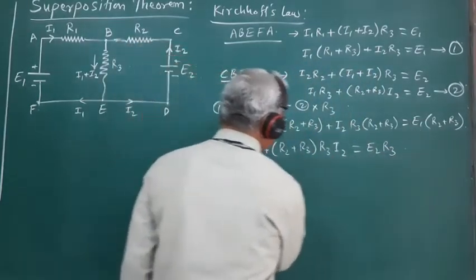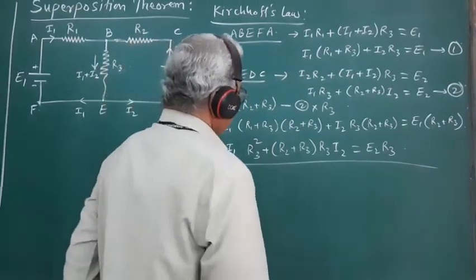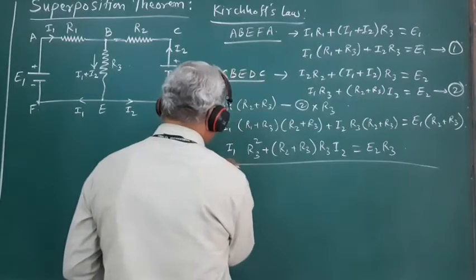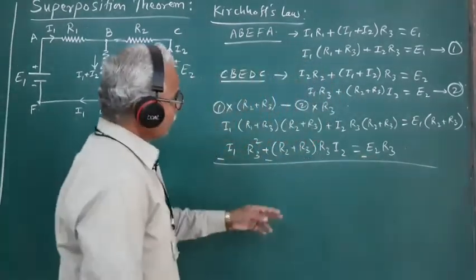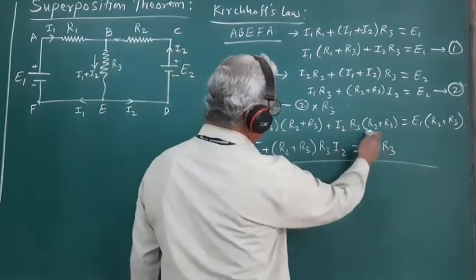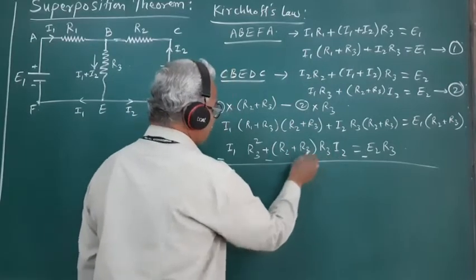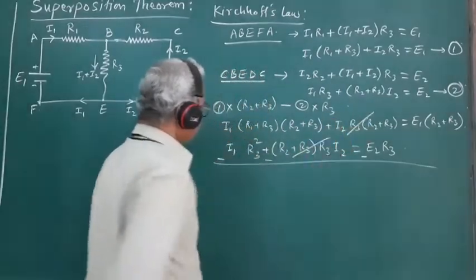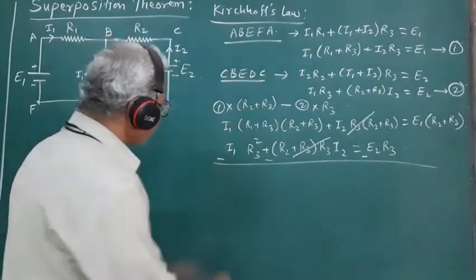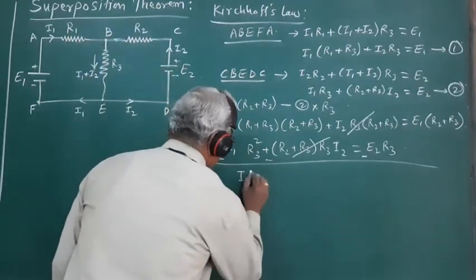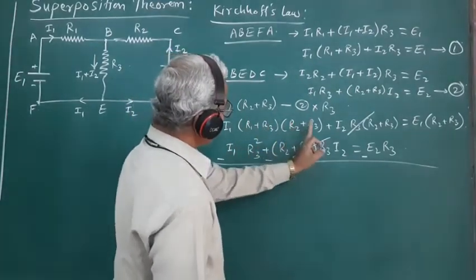And taking the subtraction of these two expressions, taking subtraction means we have to change the signs of all these terms. So this is plus I2 R3 (R2 plus R3), this is minus I2 R3 (R2 plus R3). So these will get cancelled, and from the other two terms, if we take I1 common, we can write I1 into (R1 plus R3) into (R2 plus R3) minus R3 square.